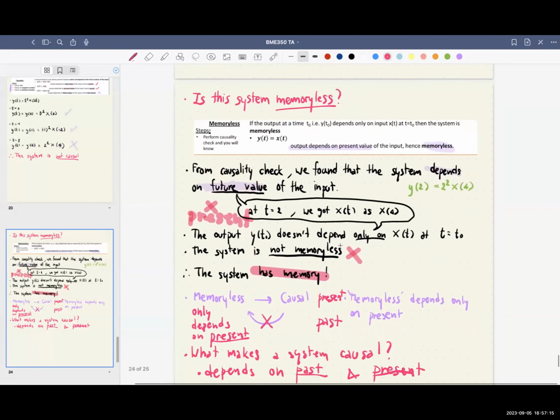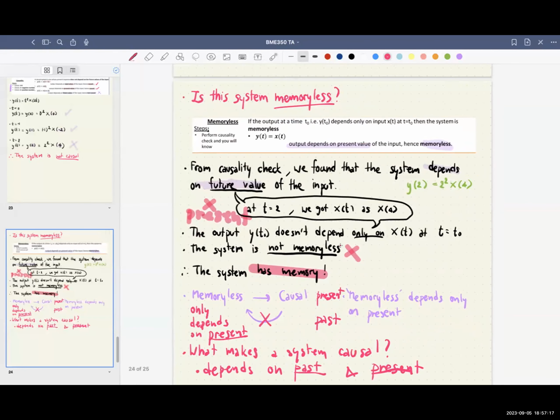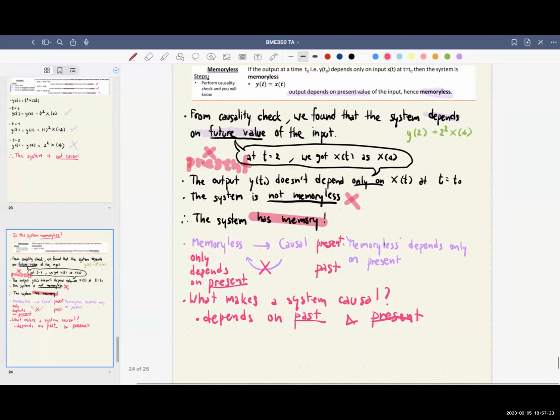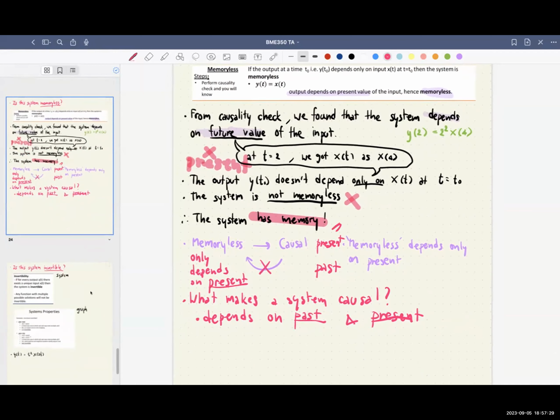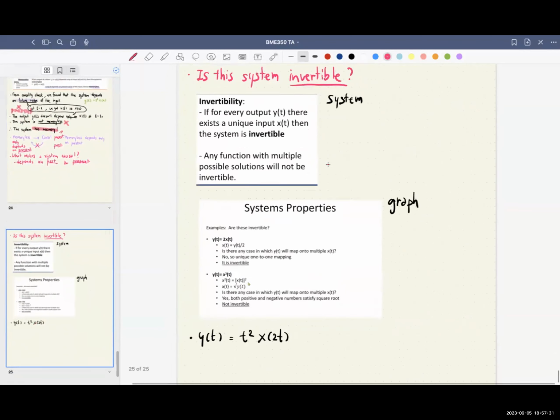So we can say that our system in this question is not memoryless, therefore it has memory. Cool, and let's move on to our last system property.